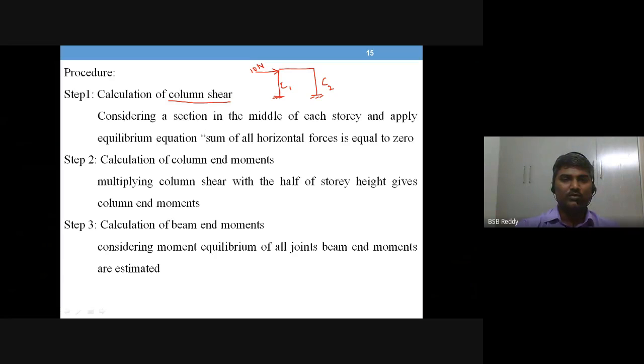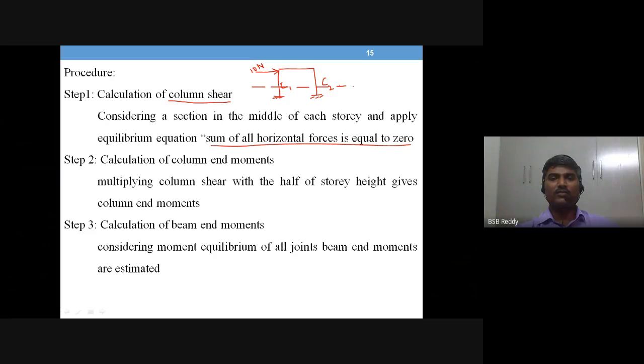How do you calculate the column shear? Consider a section in the middle of each story and apply the equilibrium equation, sum of horizontal forces equal to 0. You may have many stories, it doesn't matter.